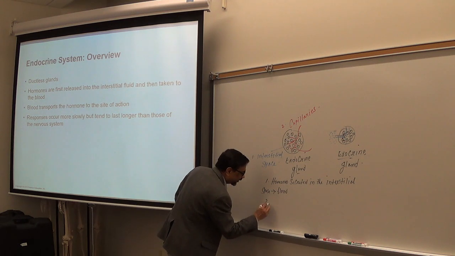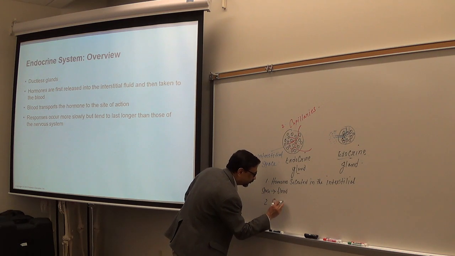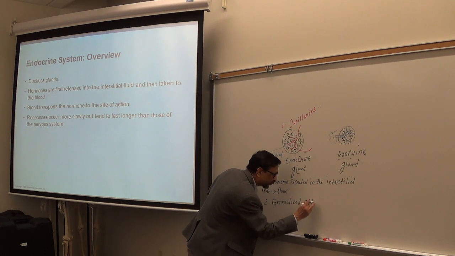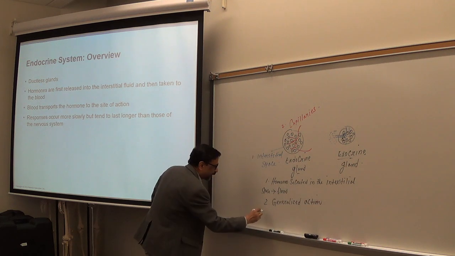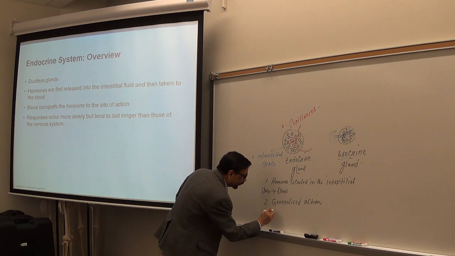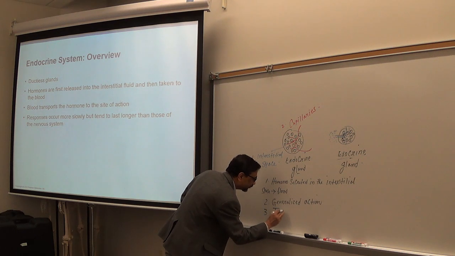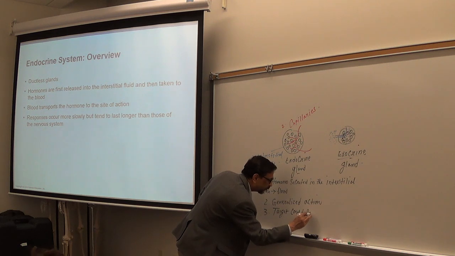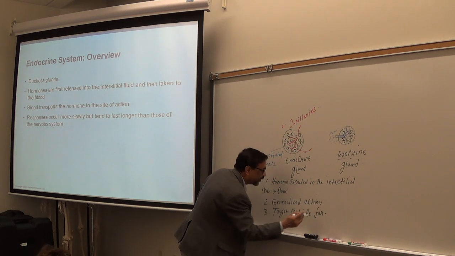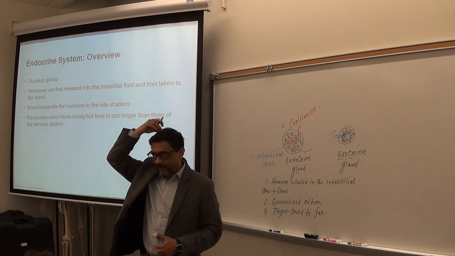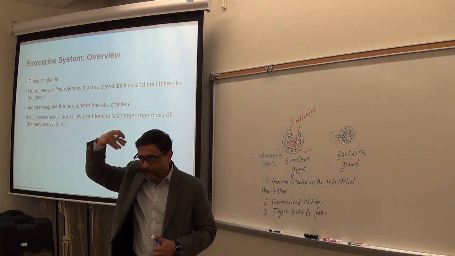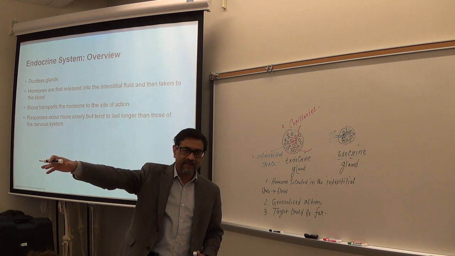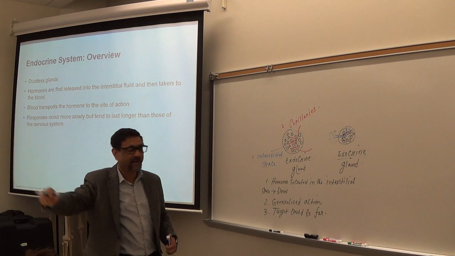So this action is generalized. Action, more widespread. And the target could be far from the gland because, for example, pituitary is in the brain. That hormone enters into the blood. That hormone can work to the distant organ. Makes sense? Because blood can take it far away.